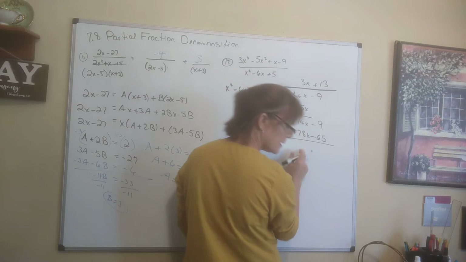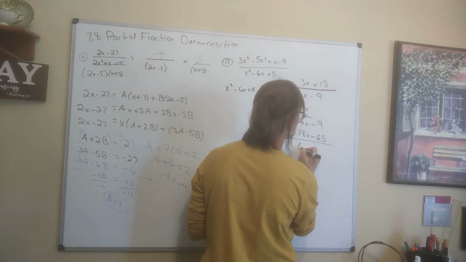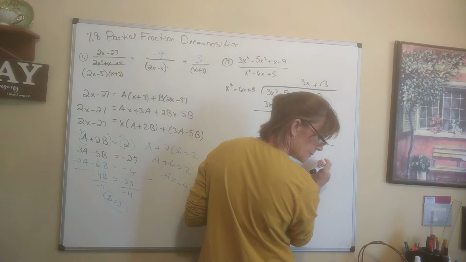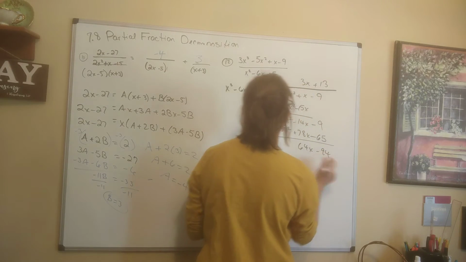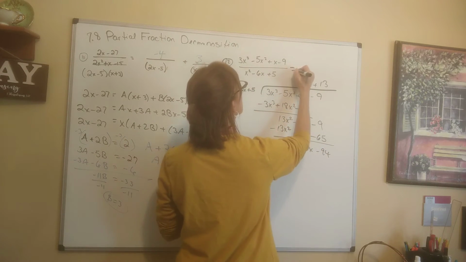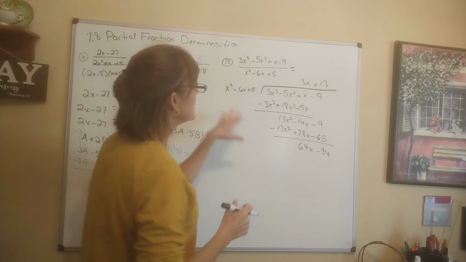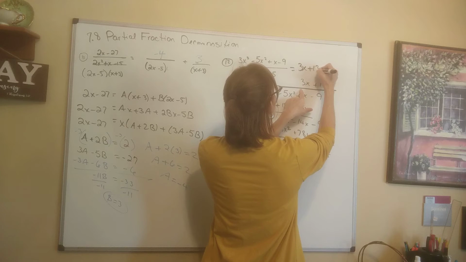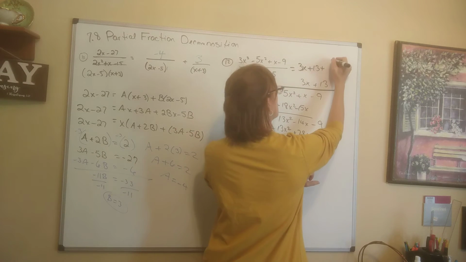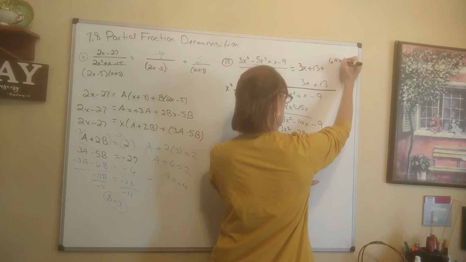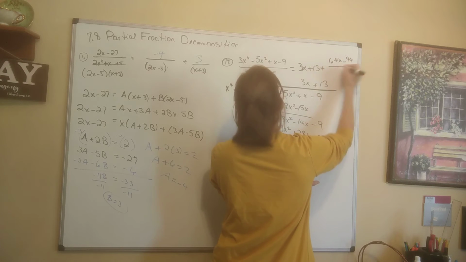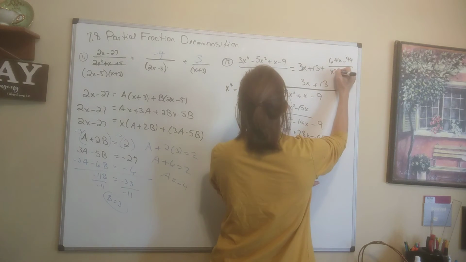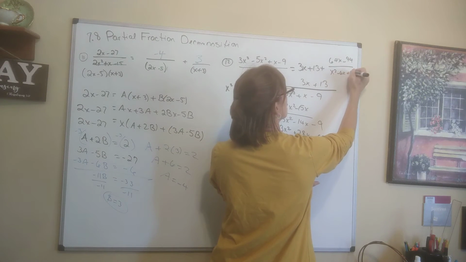This is 0. This gives me 64x. This gives me negative 94. All right, so all I've done is rewritten this equation into 3x plus 13 plus my remainder, 64x minus 94 over this, x squared minus 6x plus 5.